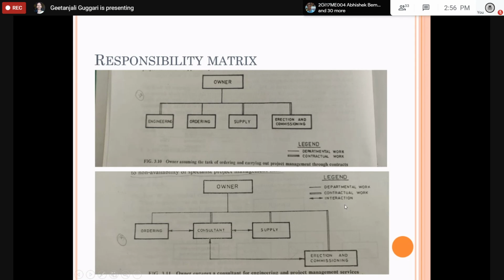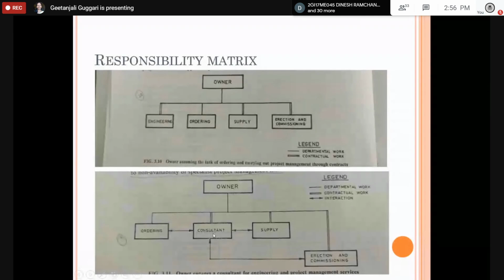When the project scale goes on increasing, all these complications will increase. For that, you need to give a very clear indication in the very first stage itself so that everything runs smoothly. Owner of the project, again ordering, contract, consultant, and supply, erection and commissioning.